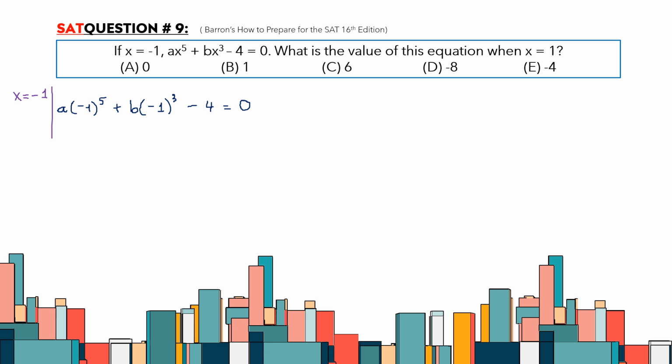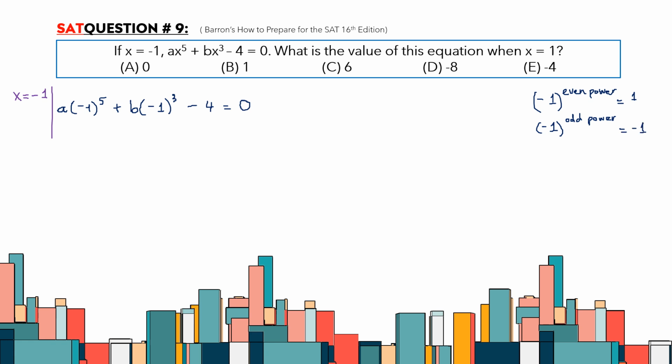Now we have -1 to the even powers will give 1. And if we have -1 to the odd power, that will be -1.